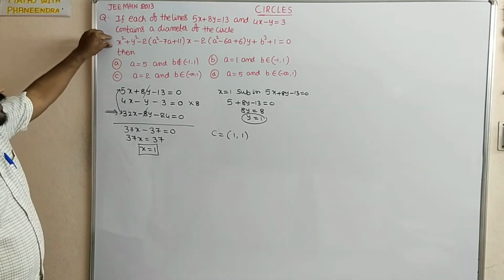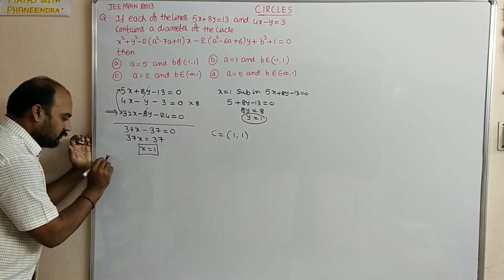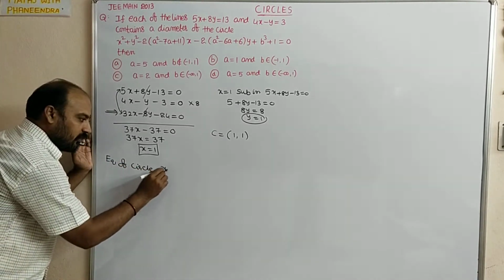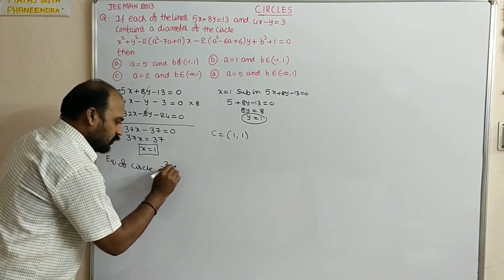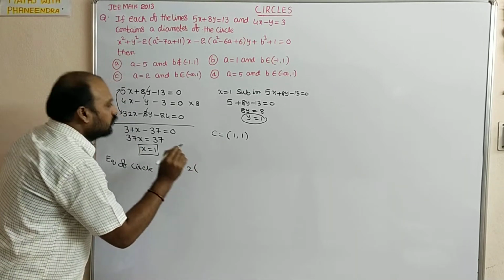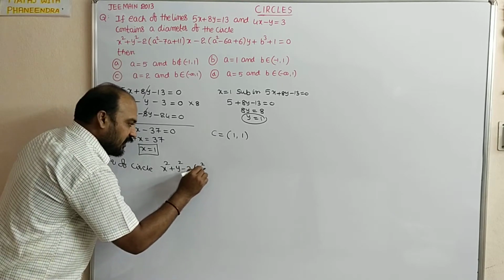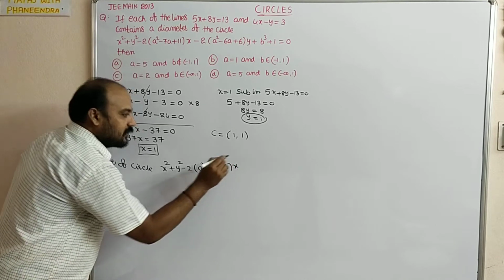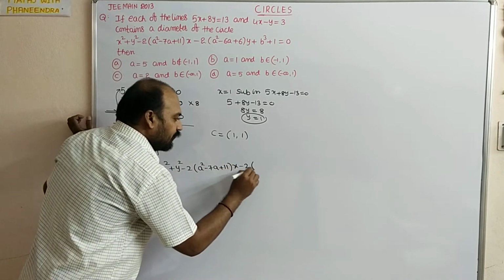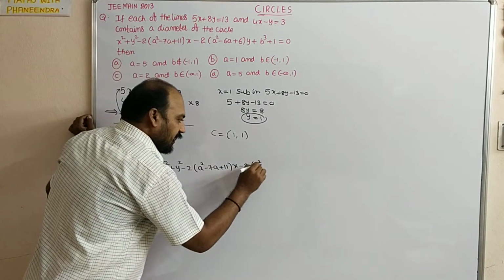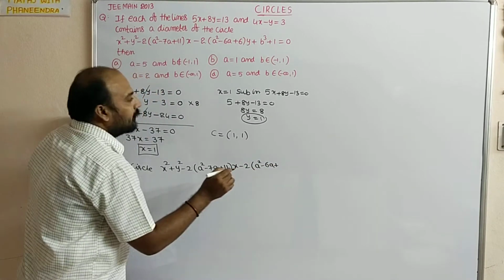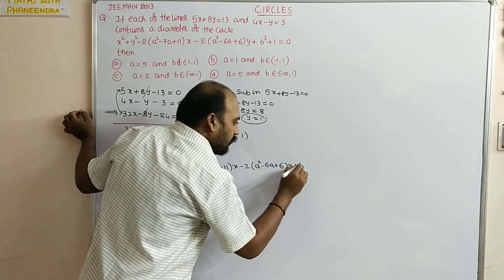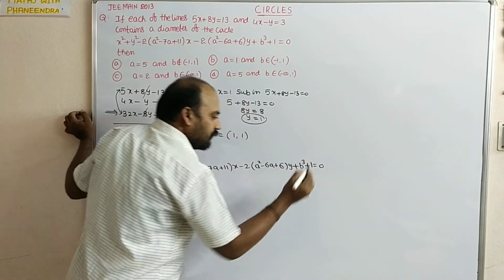Now write the equation of the circle: x square plus y square minus 2 into a square minus 7a plus 11 into x minus 2 into a square minus 6a plus 6 into y plus b cube plus 1 equal to 0.